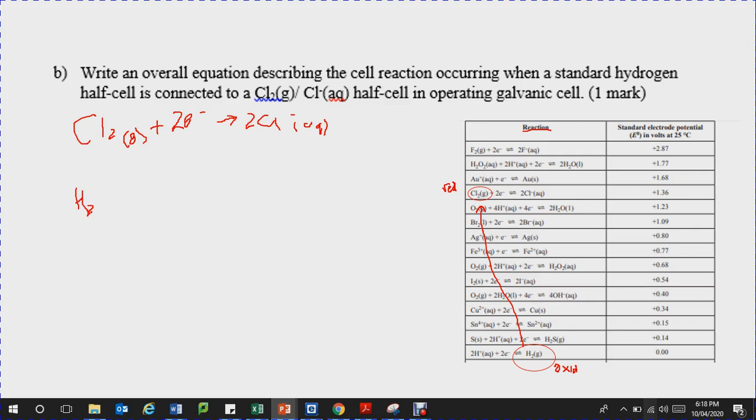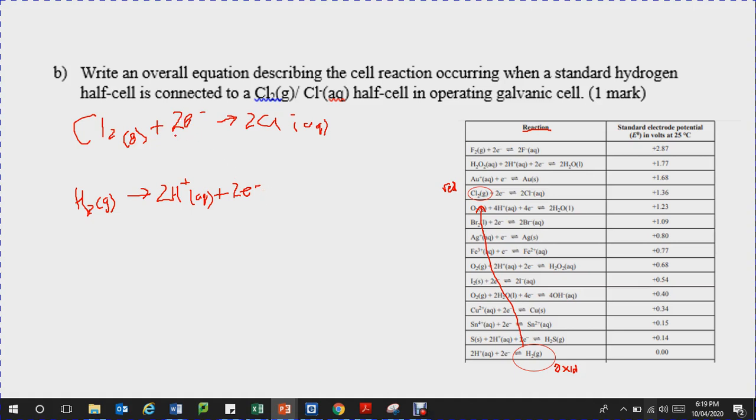It's undergoing oxidation, so we're writing it this way: 2 hydrogen ions plus 2 electrons. When writing our overall equations, we want the number of electrons to be the same. We've got 2 electrons, so we don't need to do anything.